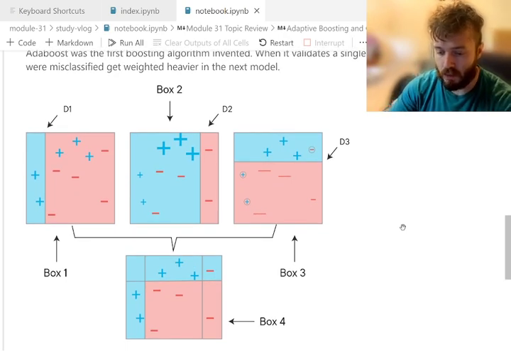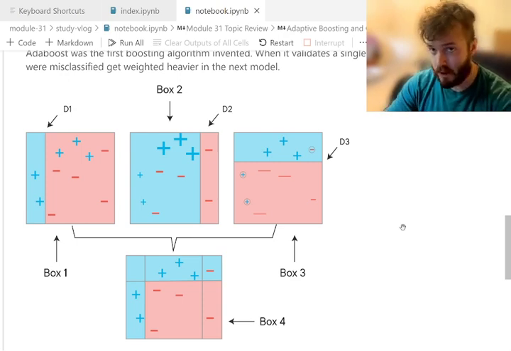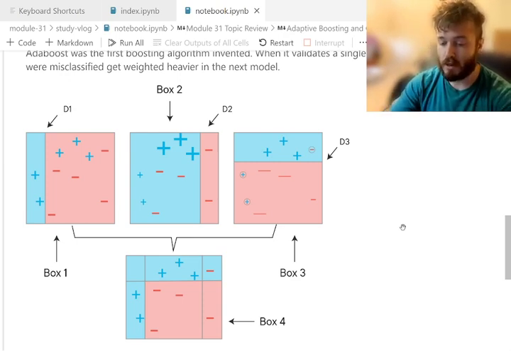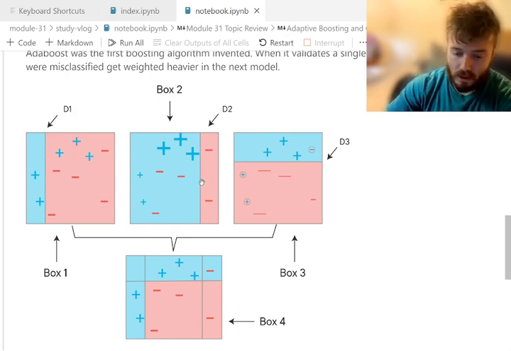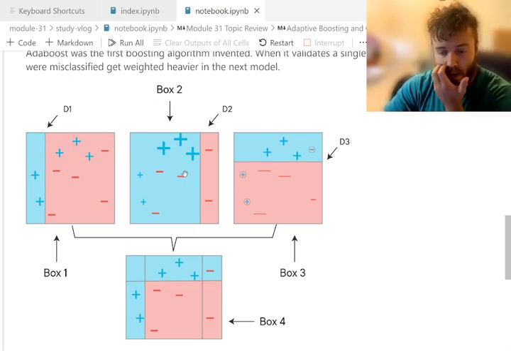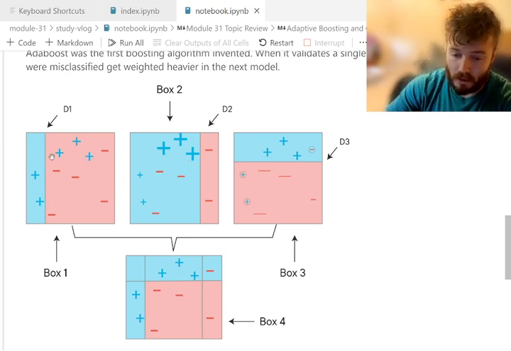then it looks at which observations were misclassified, and those misclassified observations are weighted more heavily in the next model. You can see we have model 1 here, and we go to box 2, and these plus signs that were misclassified should have been captured in the blue area, but they weren't.